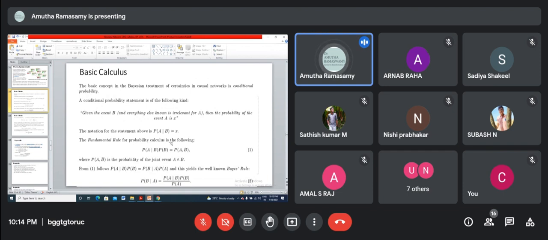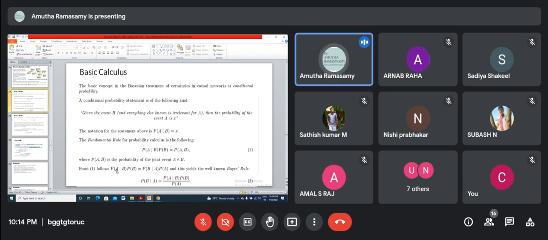But the fundamental rule, normally everybody knows, is that P of A comma B is equal to P of A given B times P of B. They have given it in terms of P of B. They should know P of B, then knowing P of B, you identify P of A. Or knowing P of A, you can identify P of B. So the joint distribution equation is the same. What does it say?